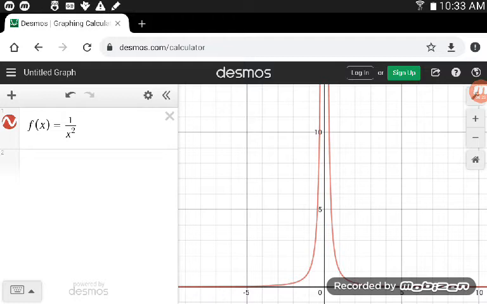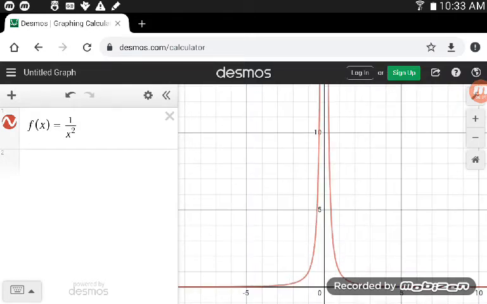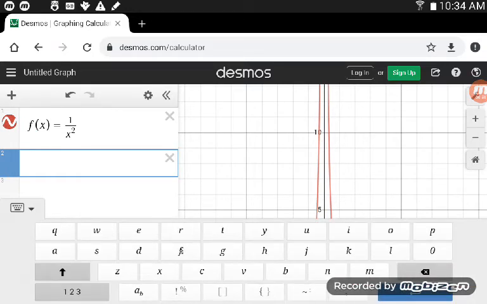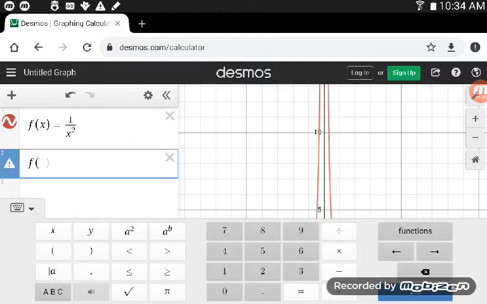Once I put the graph in, I can check. I think it's right at 0. Well, how can I check that? One, I could try tracing, but that would be hard with an asymptote. So I just come over here, and the reason I did the f of x is that then I can come in here and say f of 0, and we see it's undefined.